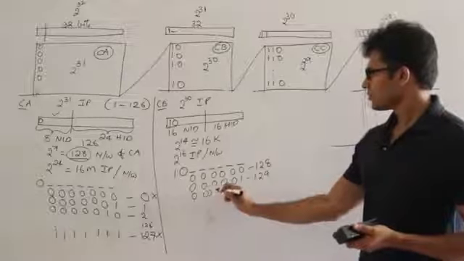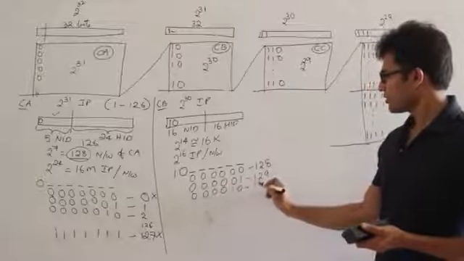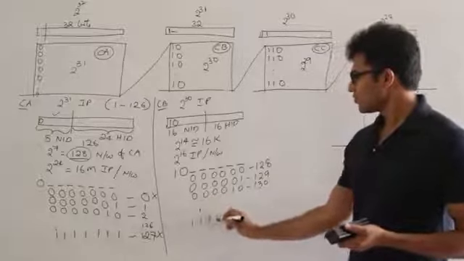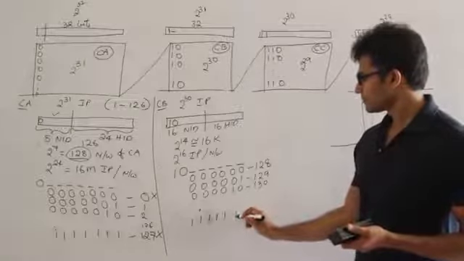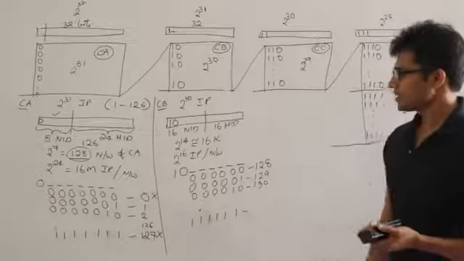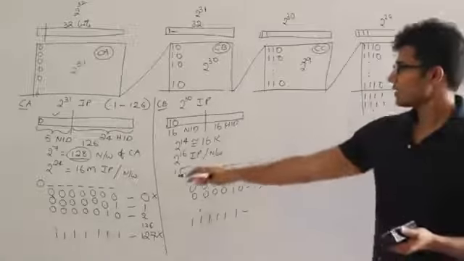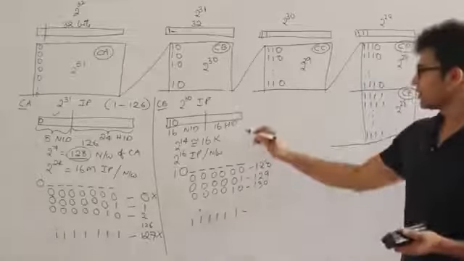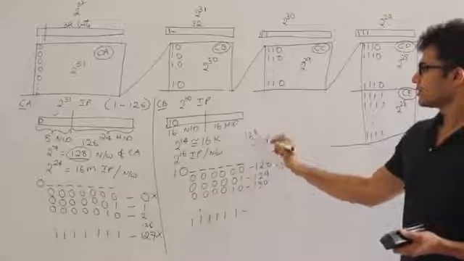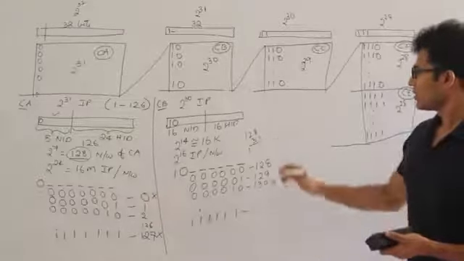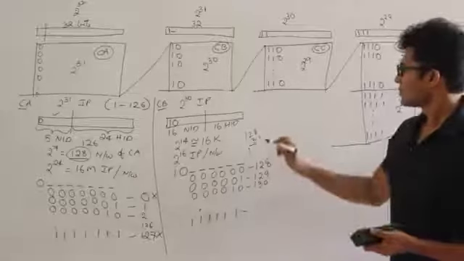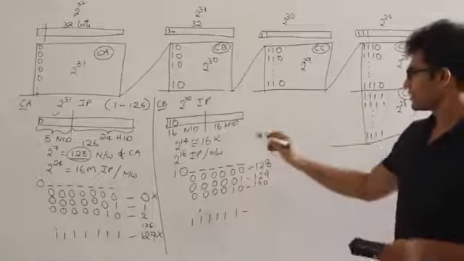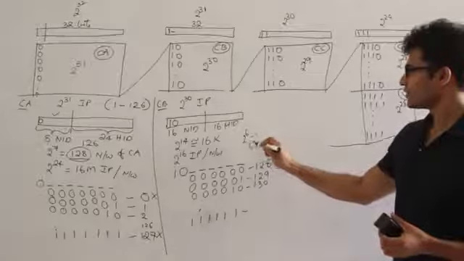And 0, 0, 0, 0, 1, 0, which is nothing but 130. And so on. The last one is 6 ones. So 6 ones is nothing but 31. Already we have 128 as the weight of the first bit, and there are 6 bits here, so 128 plus 31, which is nothing but... one second. 6 ones is not 31. 6 ones is 2 power 6 minus 1, which is 63.